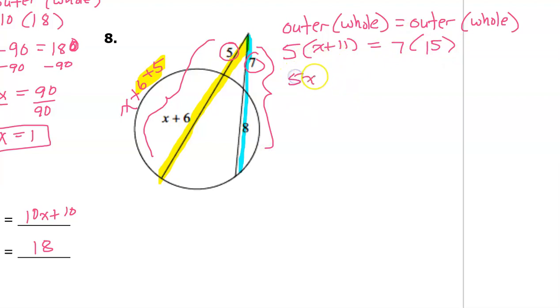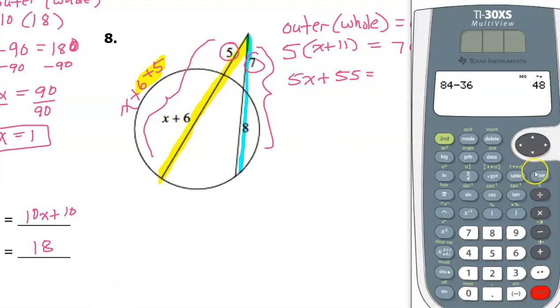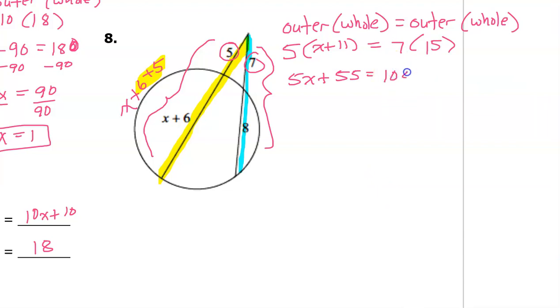This will be 5x plus 55 is equal to 105. Subtracting 55 from both sides, that will give me 5x is equal to 50. And then divide both sides by 5 to get x by itself. And we get x equals 10.